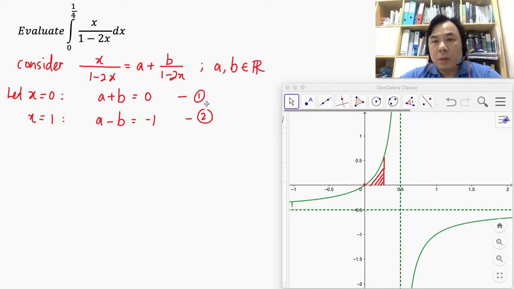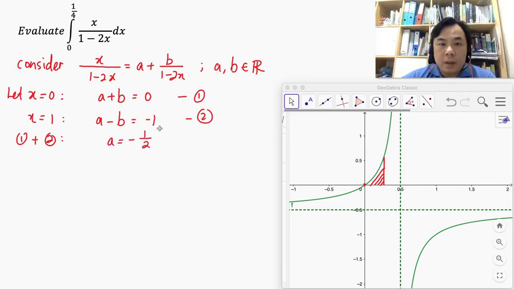By solving these simultaneously, my a will be negative half. And then using either one of these equations, I should be able to obtain my b. So if my a is negative 1 over 2, my b would be 1 over 2.